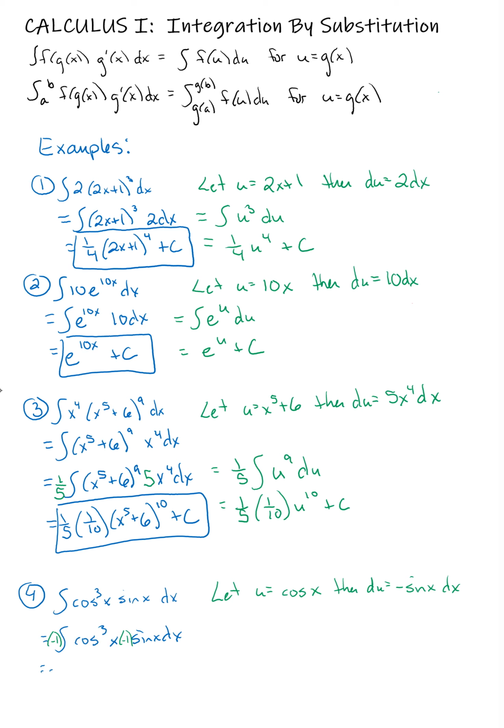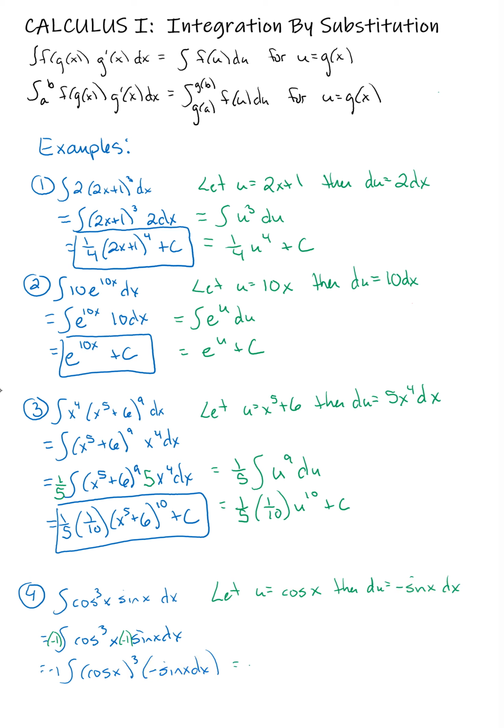I've got this -1 on the outside, and then this is cosine x to the 3rd power, and then here in the back I've got this negative sine x dx. I think it's a little easier to see in that form. So you'll notice I have u here, need that, and then here in the back I have all of du, so I've got to have that entire du bit there in the back.